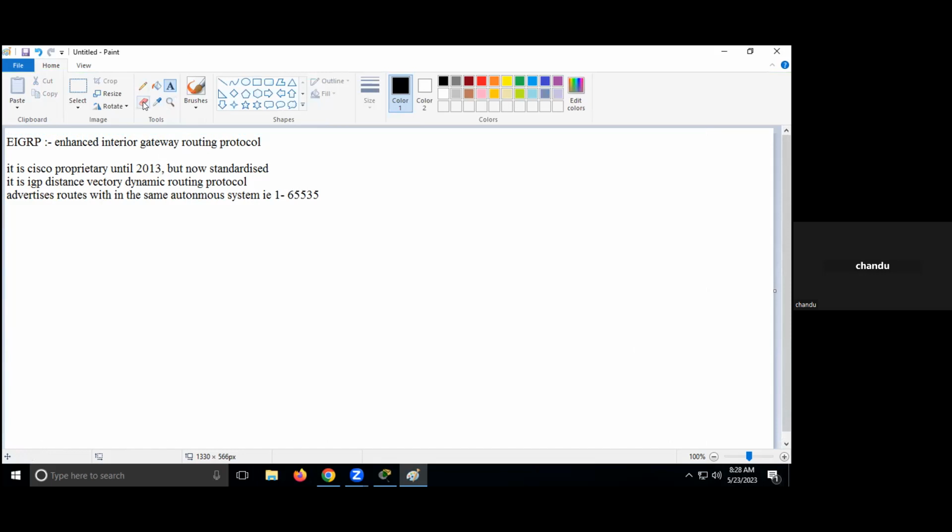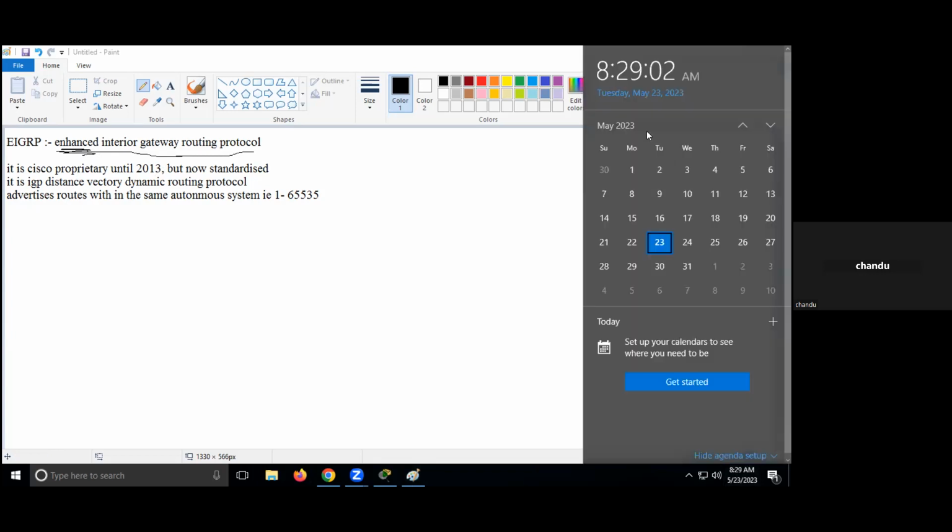Let's explain this. EIGRP is an enhanced interior gateway routing protocol. It is an enhancement of IGRP. Before EIGRP, there was a protocol called IGRP. The IGRP routing protocol was modified as a new protocol, and they gave the name Enhanced. So EIGRP is Cisco proprietary until 2013.